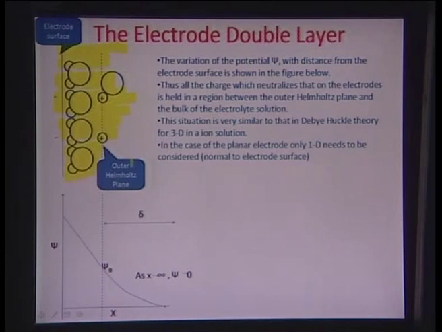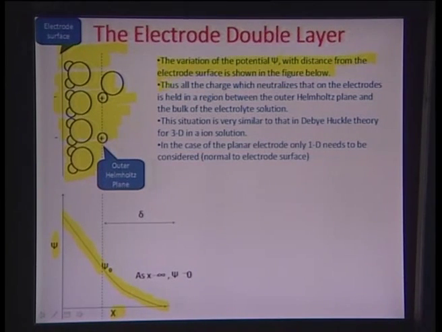A couple of interesting things: if we plot the potential, let us say psi, with respect to the distance from the electrode surface, the variation is linear as long as it is within the inner solvation shell or layer, and then it falls down rapidly into the bulk as it crosses the outer Helmholtz plane.